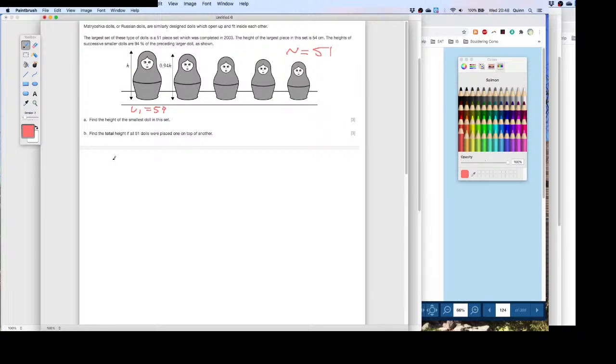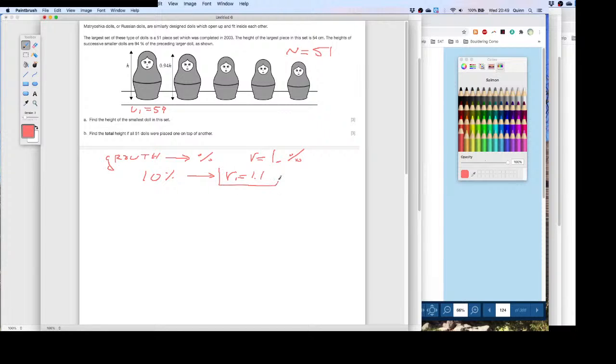So if you have growth, here's a trick for you guys. If you have growth by a percentage, your ratio is equal to 1 point and then the percentage as a decimal. So if you have growth of say 10%, then your common ratio will be 1.1.